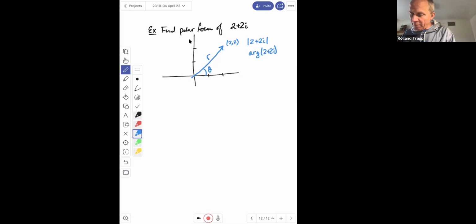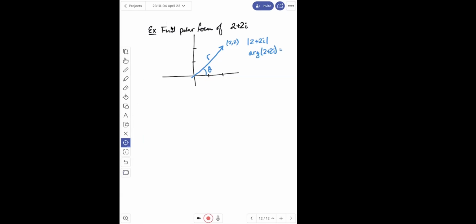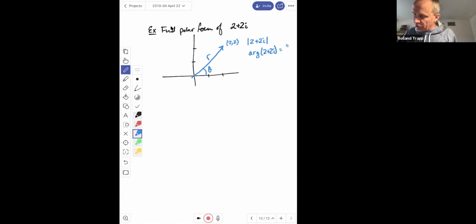So does anyone remember what the argument of 2, 2 is? What's the angle that this line makes with the positive x-axis? 45 degrees. So I'm going to always use radians, so I'll say pi over 4. And the length of that vector, you just use the Pythagorean theorem, right?